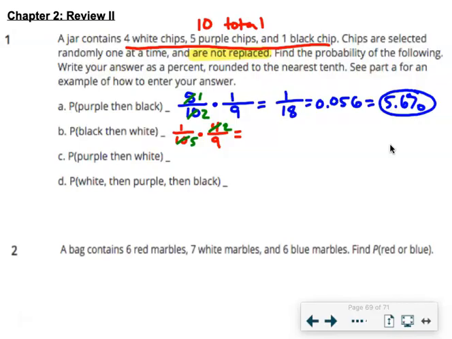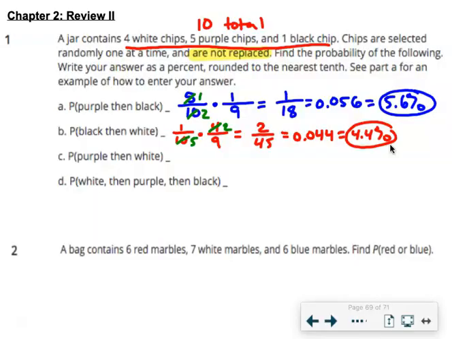And what I end up with is 1 times 2 on the top, which is 2, 45 on the bottom. Okay, as a fraction, but as a decimal, it's 0.04 repeating, so 4, which is, if we're following directions, answering as a 0.1%, that would be 4.4%.